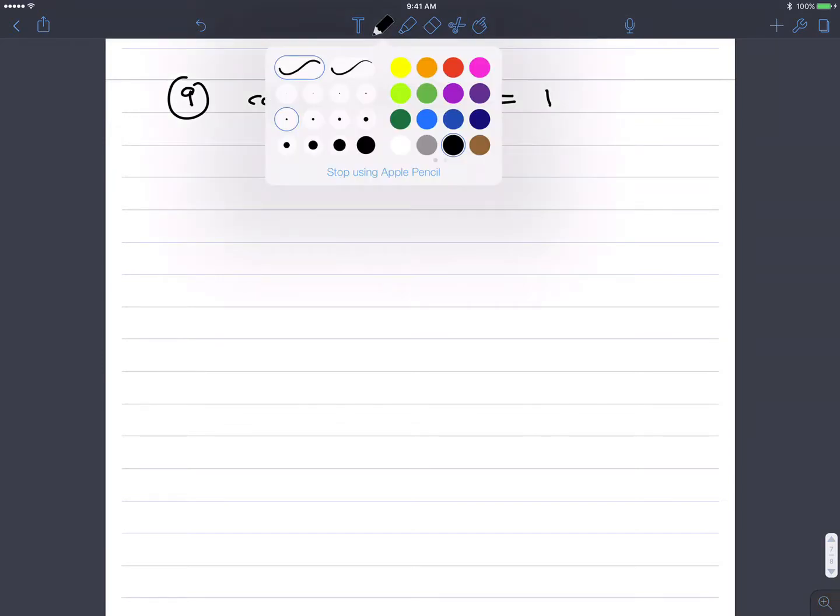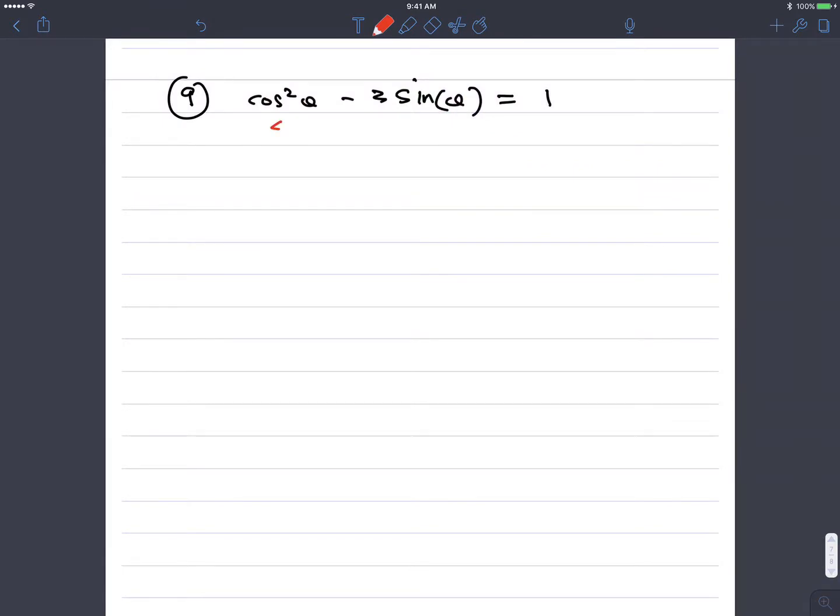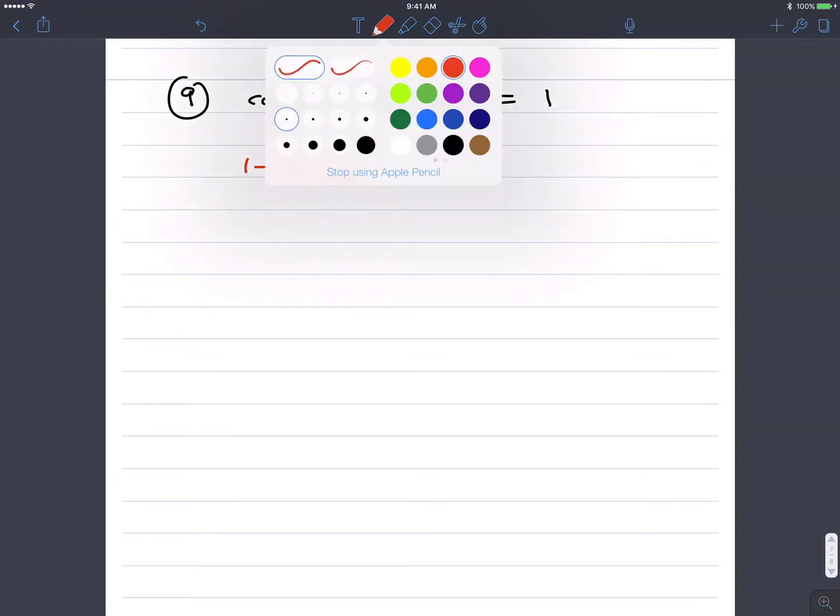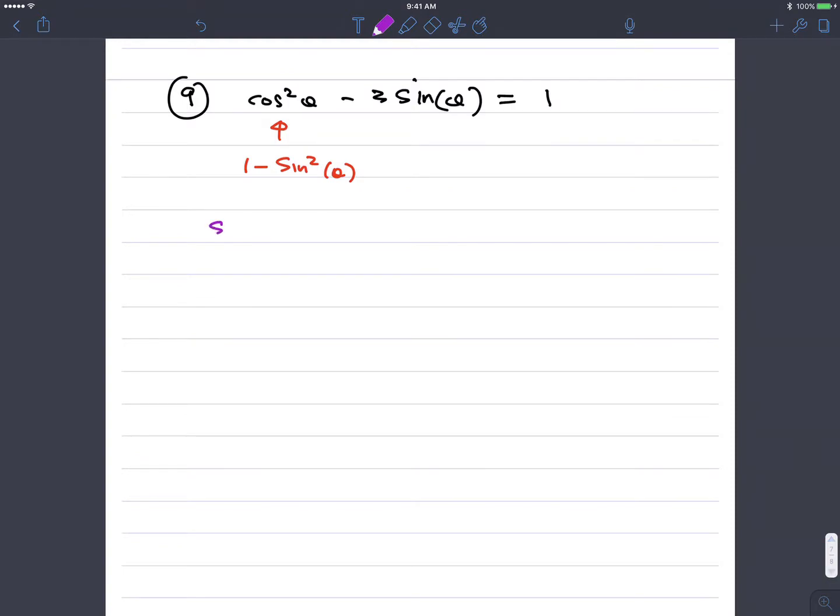I'm going to do the following. I'm going to replace my cosine squared theta with, what do I do? 1 minus sine squared theta. A Pythagorean identity. Now, you might say, why is that? So let's go back and recall that sine squared theta plus cosine squared theta is 1.